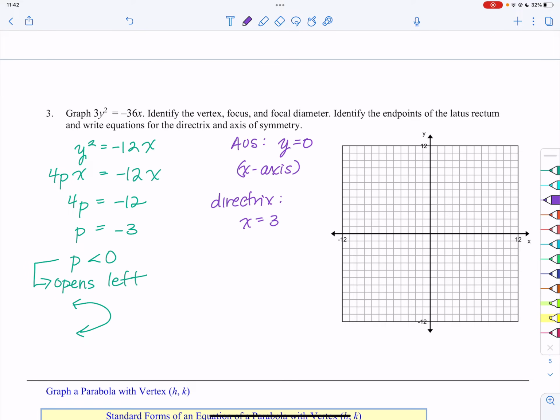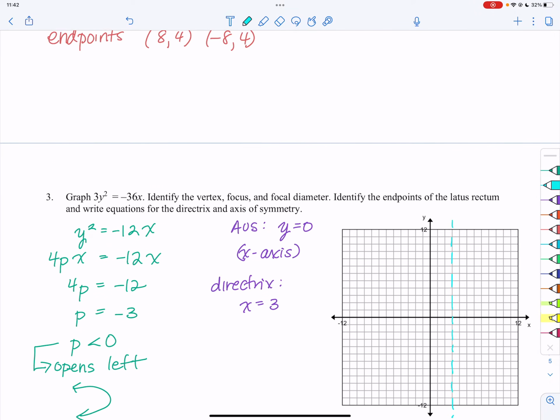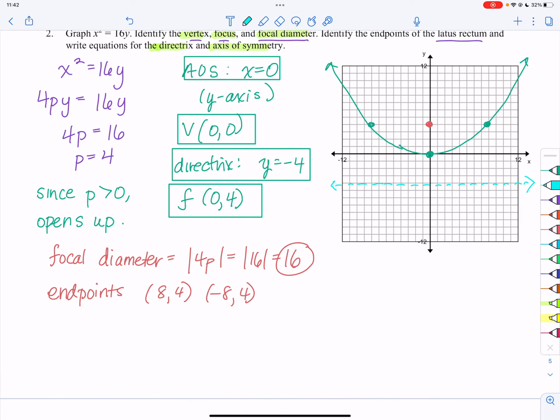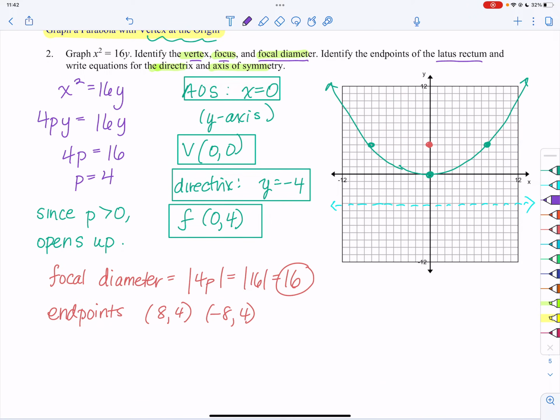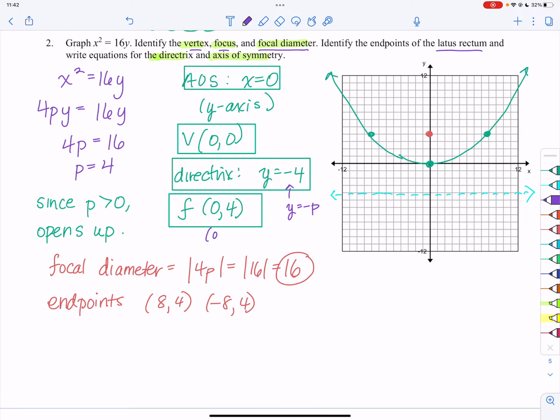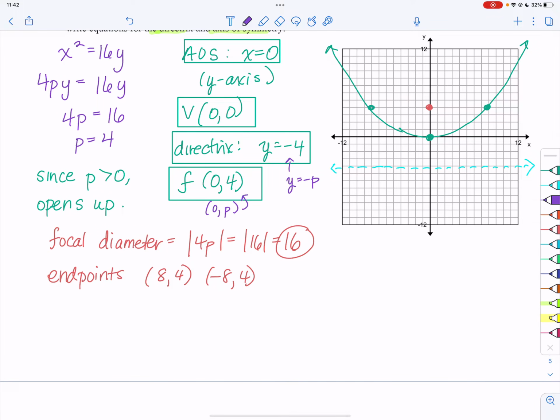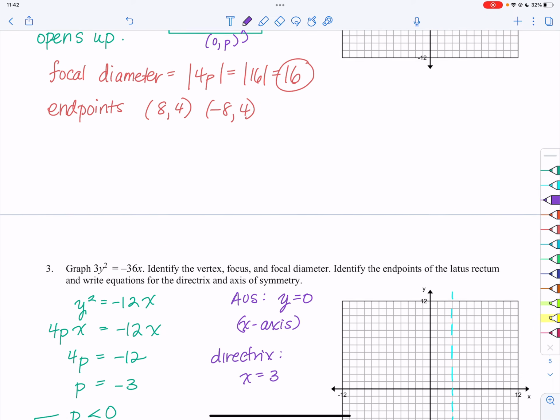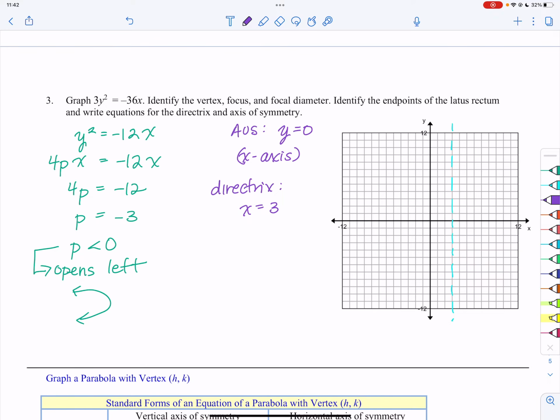And this time it's going to be x equal to 3. I think I put the directrix equal to y equals the opposite of p. Okay. So, and then of course here we have (p, 0). I think I've written that on the other ones, but just wanted to make sure that you knew where those came from. Okay. So the directrix is x equal to 3, and that's x equal to the opposite of p.